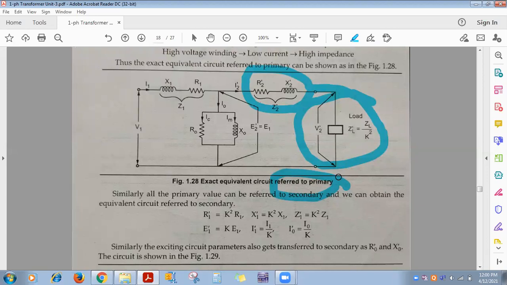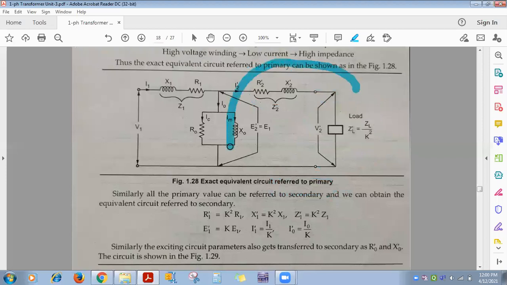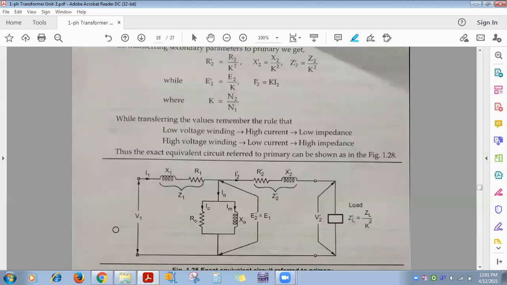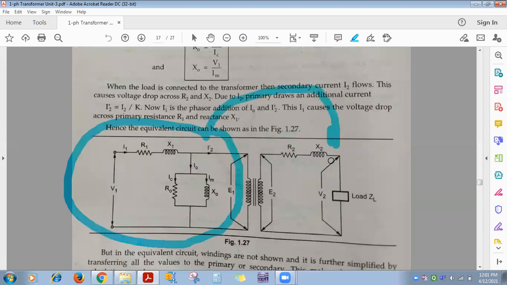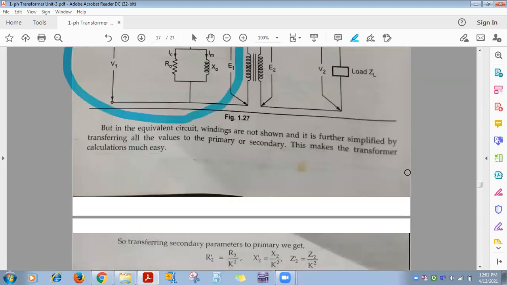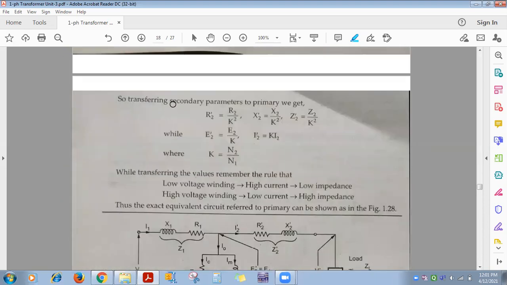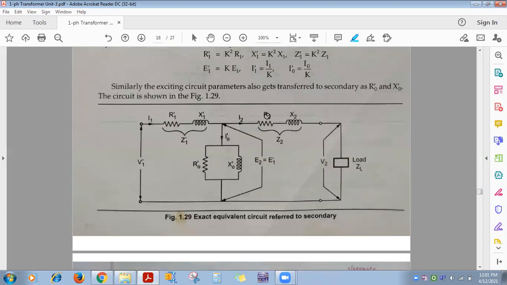So rather than doing calculations separately on secondary and separately on primary, what is done is all the parameters are transmitted to the primary, and then referring to primary you can do the calculations. Or the reverse thing, transmit all primary side parameters to the secondary, and then referring to secondary you can do the calculations. See here, these parameters remain constant, the secondary side is as it is.